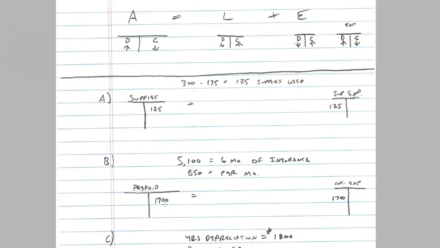And now I've incurred an expense. I've needed insurance for 2 months. Even though I've prepaid 6, I haven't used up the entire 6 yet. It's only when I use it that I incur the expense. So I'm going to have an expense of $1,700. Now, I could just blindly put it on the debit side, but let me check myself. Expenses, yep, to increase an expense, I do have to put it on the debit side.